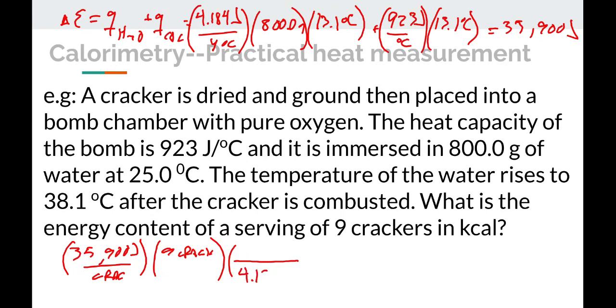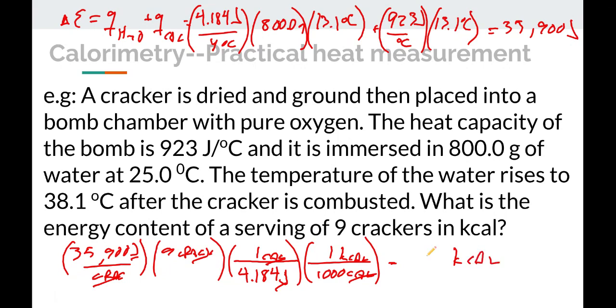There's 4.184 joules in 1 calorie. And we want kilocalories. So there's 1,000 of anything in a kilo thing. So that's 1,000 calories per 1 kilocalorie. And now our units are all going to come out, and it's going to be in kilocalories. And that ends up being 120 kilocalories.